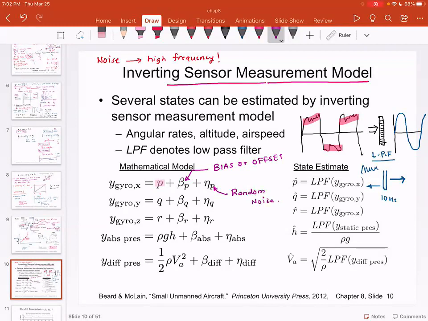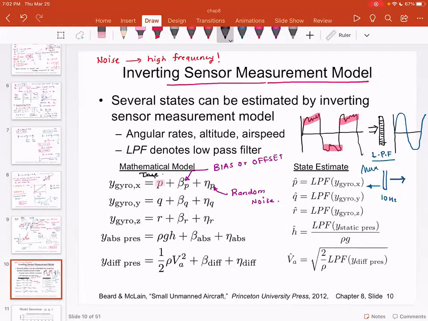So whatever you measure with that gyroscope has the actual true value. I'm going to call this the true value. But it is corrupted by a bias and a random noise.